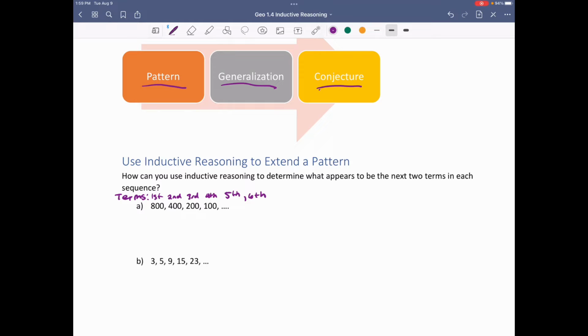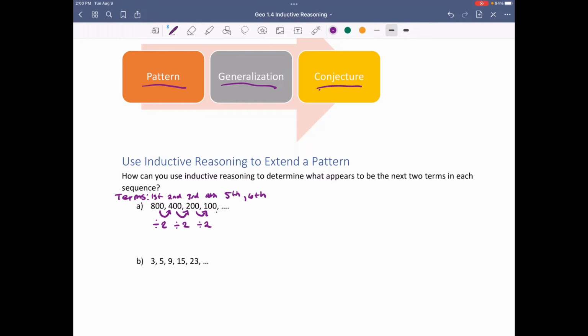So how do we get from 800 to 400? Well, we could see that we can divide it by 2. And that's how we got 400. How about from 400 to 200? We also divided by 2. Then from 200 to 100 was also divided by 2.